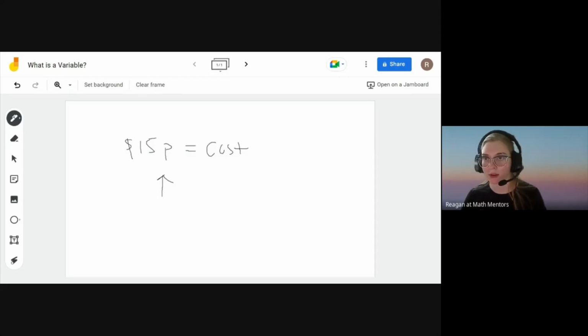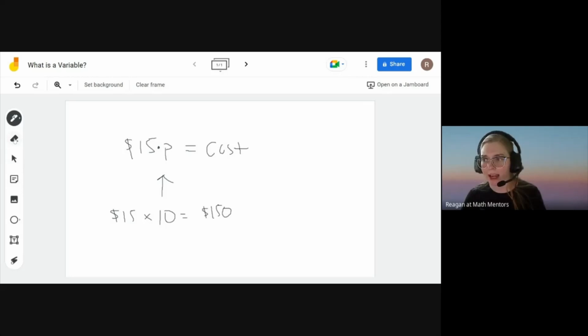So if I was ordering 10 pizzas, this would end up equaling $15 for one pizza times, as there's an invisible multiplication symbol right there, times however many pizzas I'm ordering, which is 10, equals the total cost of how many pizzas this would be, or my whole order. And if we did some quick math here, that would be $150.